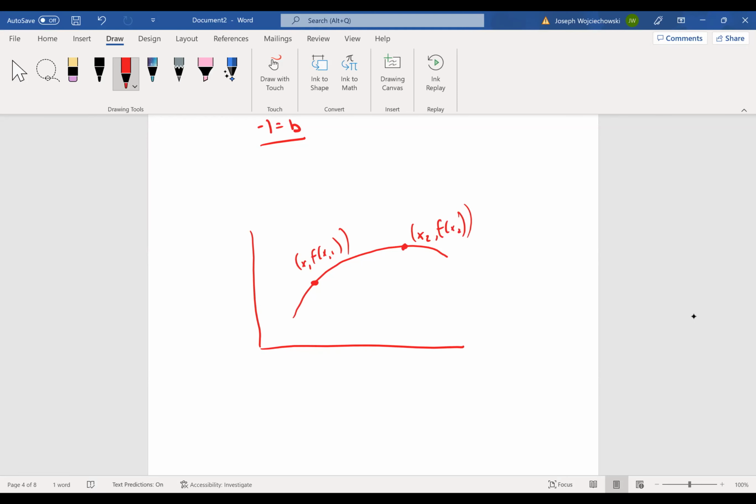Now, what I want to figure out is what is the average rate of change between these 2 points. Now I can draw a line like that that goes through those 2 points. The average rate of change would be the slope of that line. So my average rate of change would be the slope, which would be f of x2 minus f of x1 over x2 minus x1.